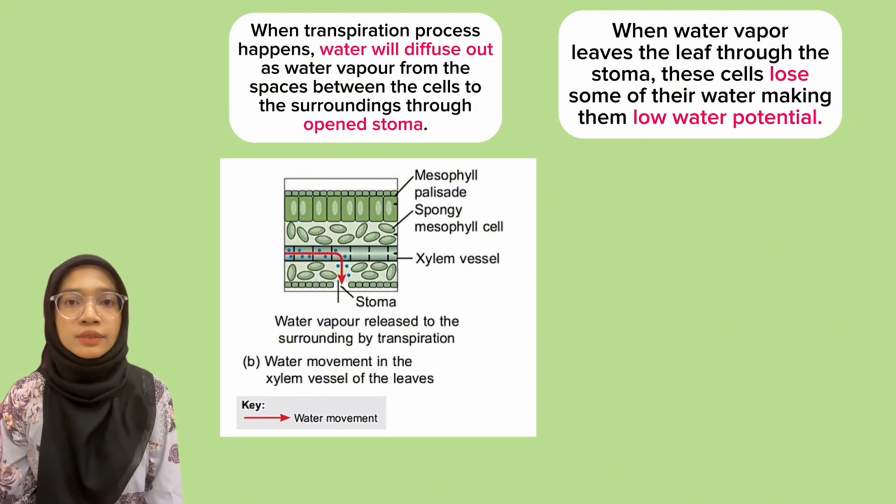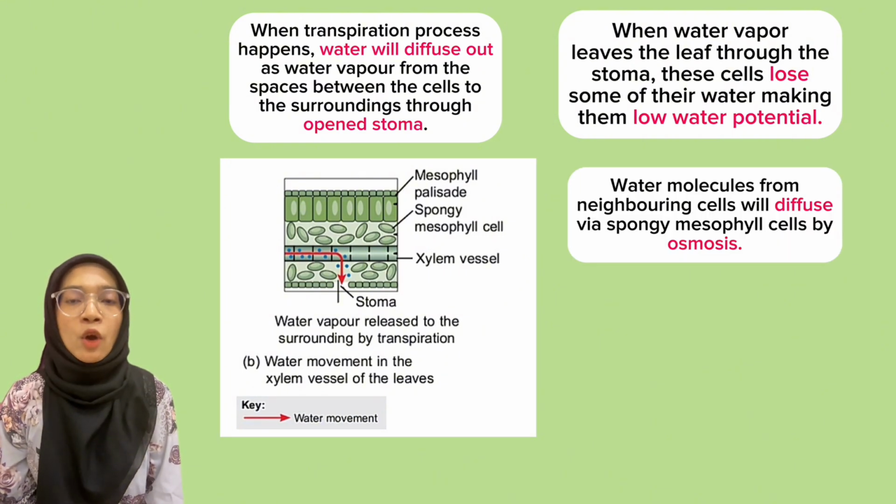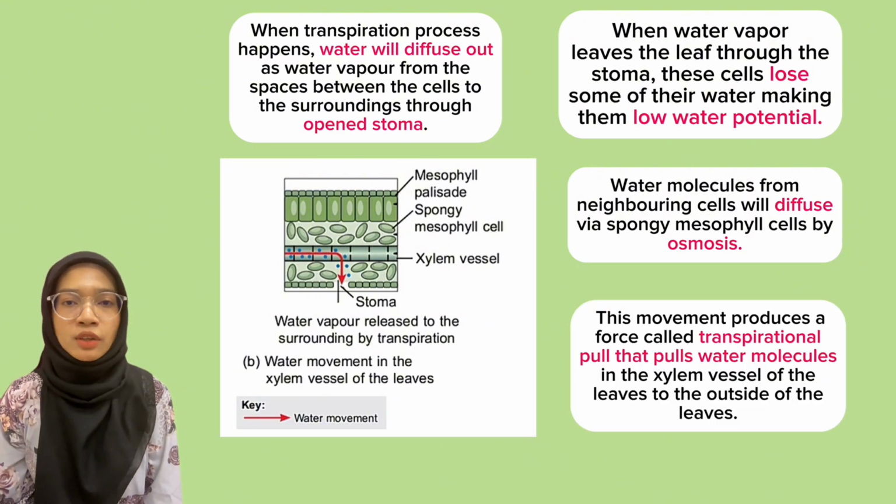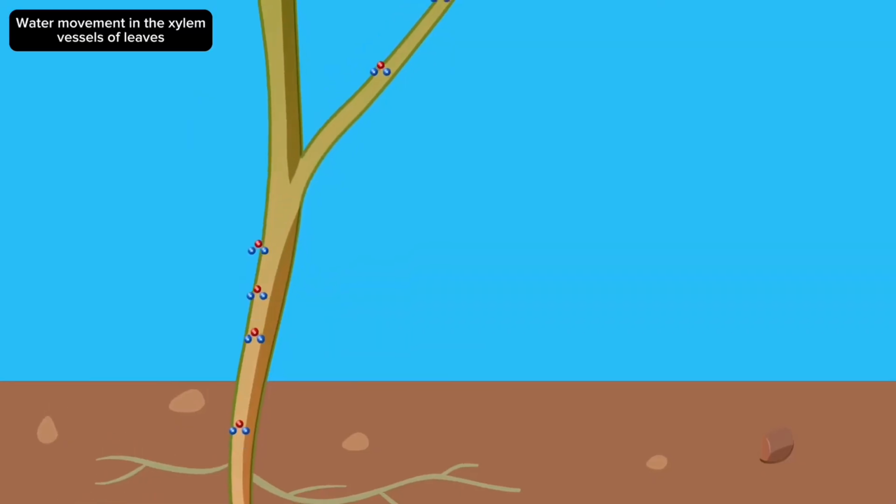Because of the low water potential, water molecules from the neighboring cells will diffuse via the spongy mesophyll cells by osmosis. This movement will produce a force called transpirational pull that pulls water molecules in the xylem vessels of the leaf to the outside of the leaf.